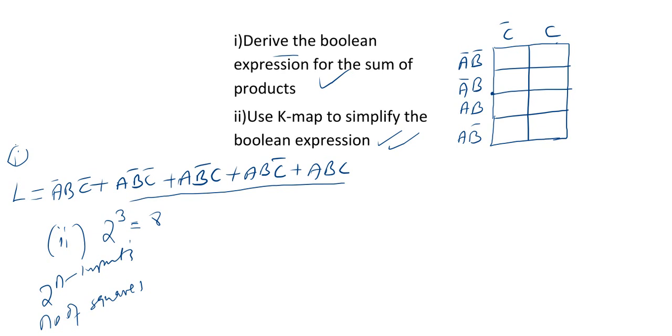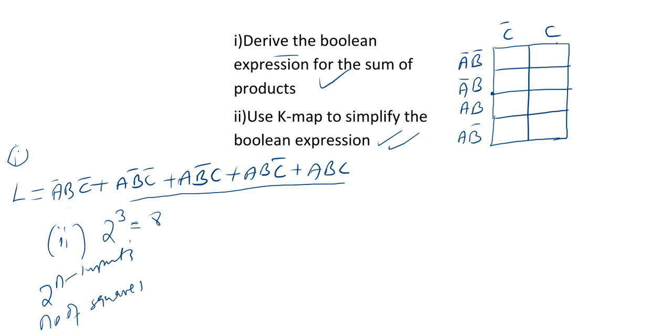So for example, the first expression is not A, B, and not C. So we look at the square that is the intersection of not A, B, and not C. So not A, we have here, we have B, then we join with not C. So we indicate a 1 here.